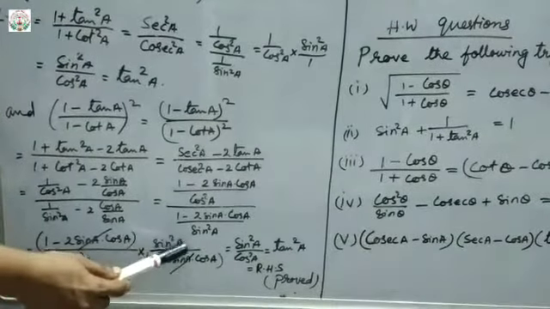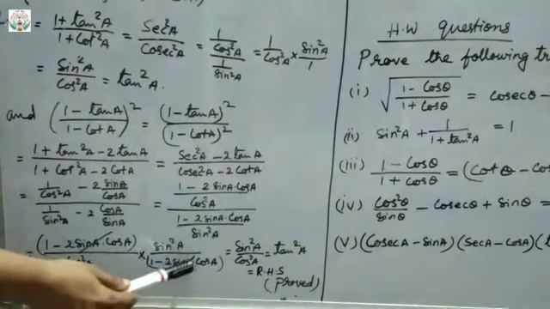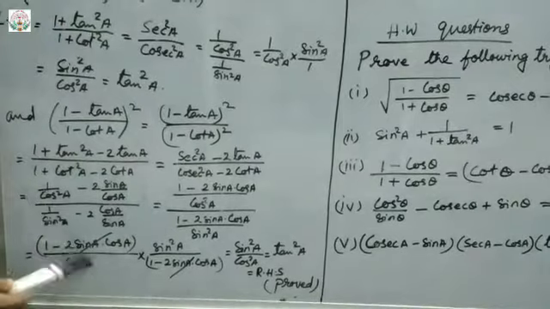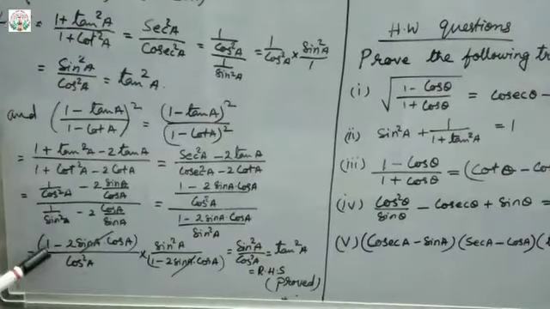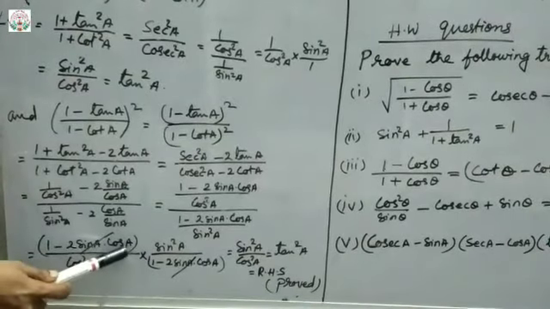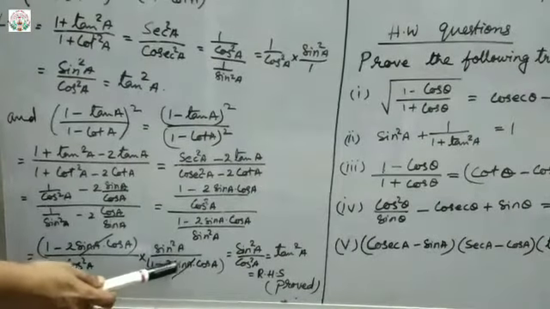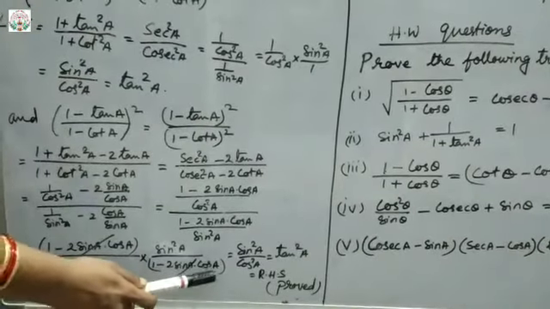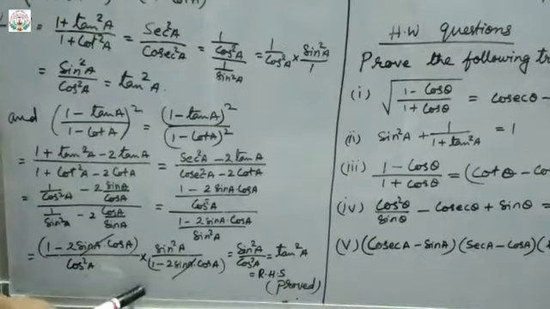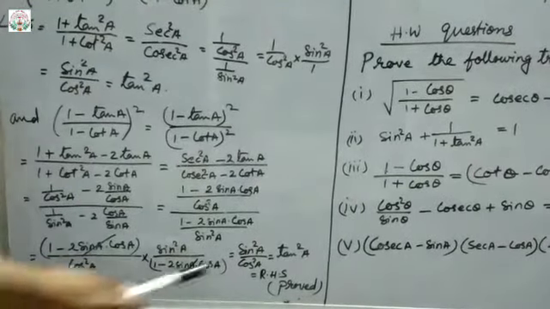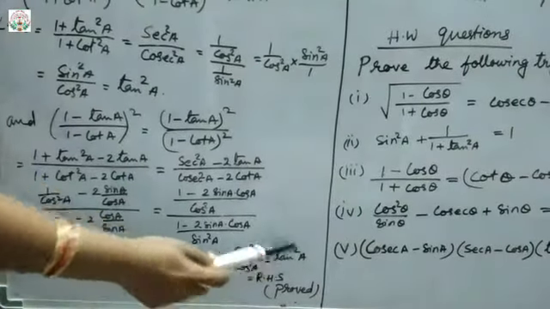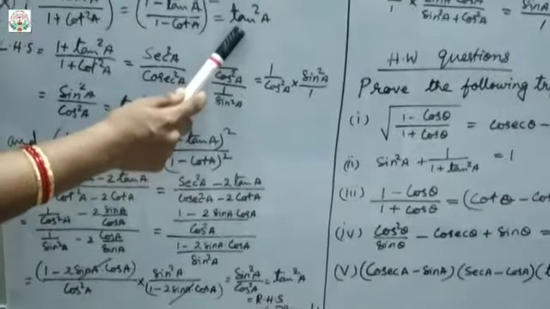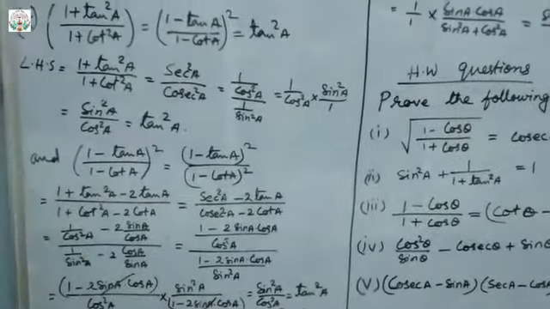So sin square A upon 1 minus 2 sin A into cos A. So we can see both the sides, numerator and denominator, 1 minus 2 sin A into cos A. Here also 1 minus 2 sin A into cos A. Both get cancelled. Now what is left out? Sin square A upon cos square A, which is known as tan square A. So proved again, RHS proved. Hence proved.